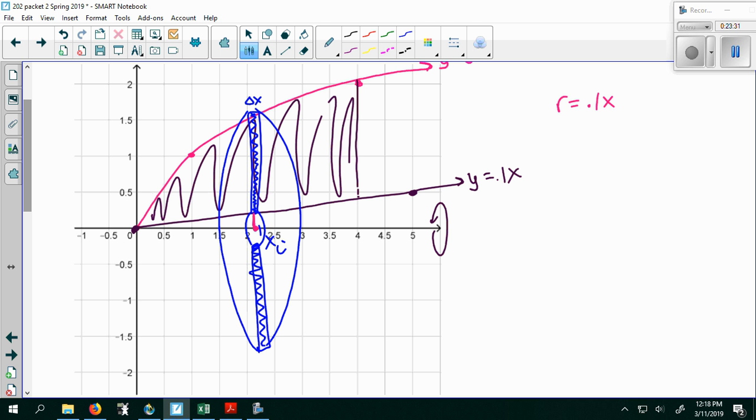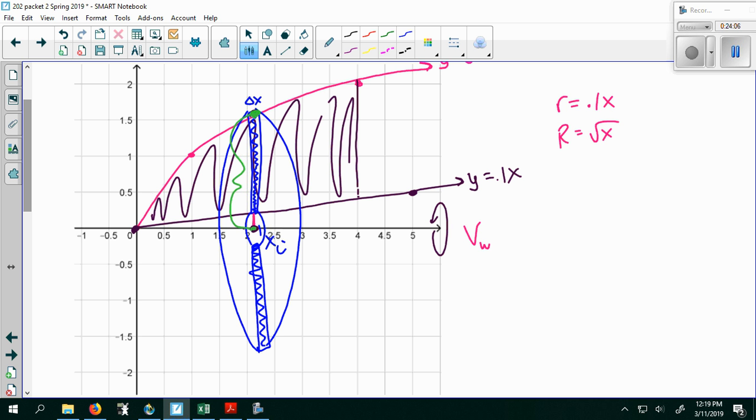And then big R is the distance from the center, the x-axis, to the furthest point on my representative rectangle, which is on the graph y equals square root x. So big R is square root x.